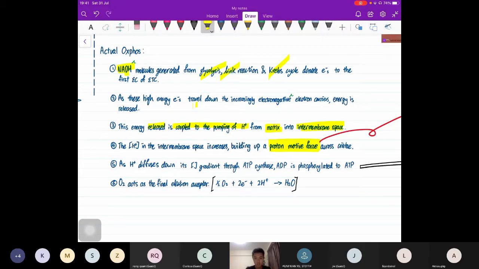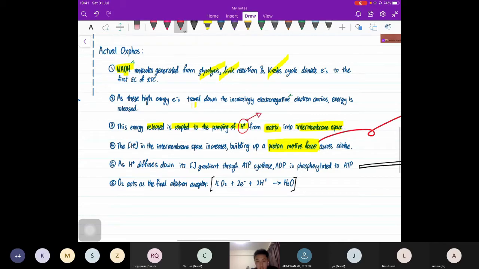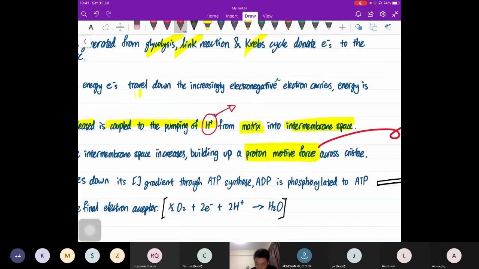That energy released is used to pump protons from your matrix into your intermembrane space. You have to be comfortable with the interchanging terms H plus ions and protons. They can be referred to as both. It depends on your school, and in Cambridge, they use it interchangeably as well. So in your answers, you can use them interchangeably as well.